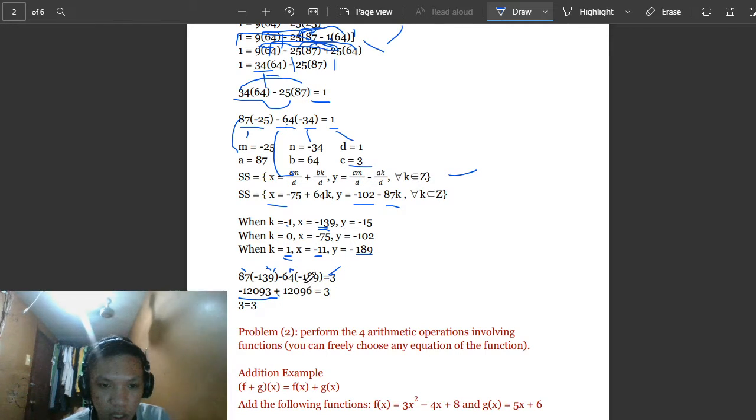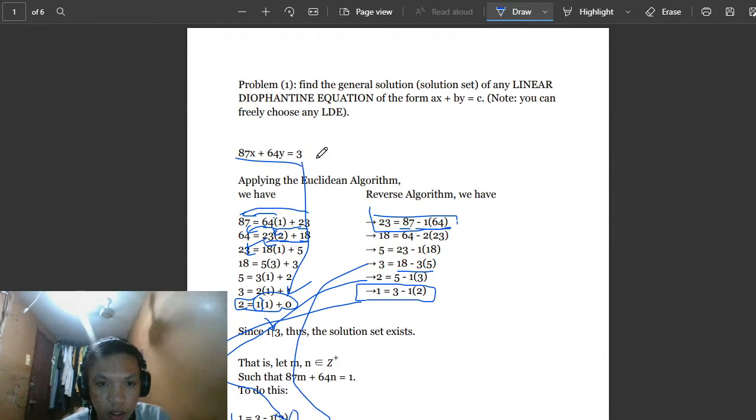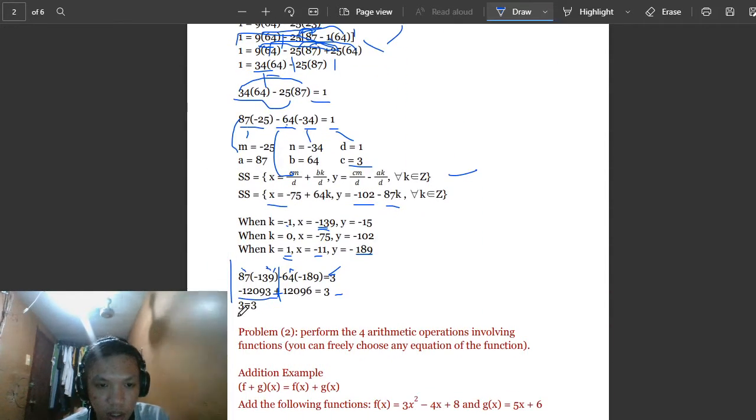Plus negative 64 times negative 189, which gives positive 12,096. So 12,096 minus 12,093 equals 3. And the greatest common divisor here is 3. Then 3 equals 3.